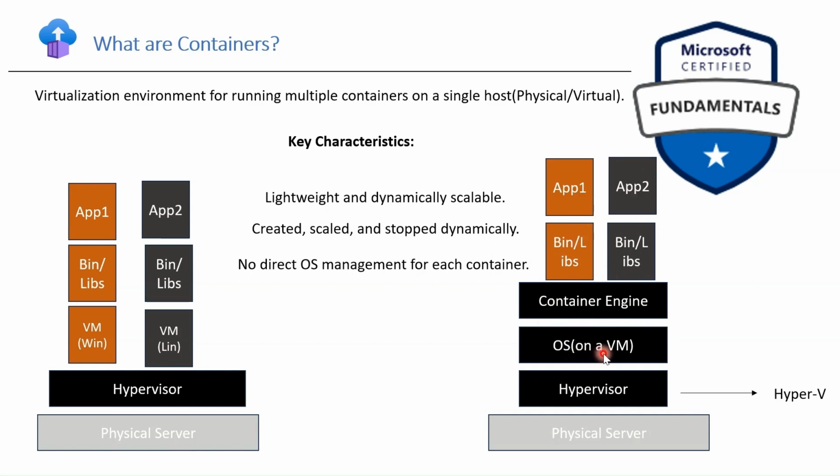So here, as you can see, on the same VM I'm running two applications. That's the power of containers. Containers allow us to run multiple applications on the same host, resulting in efficiency, scalability, and being lightweight. Containers also allow us to run applications using microservice architecture.